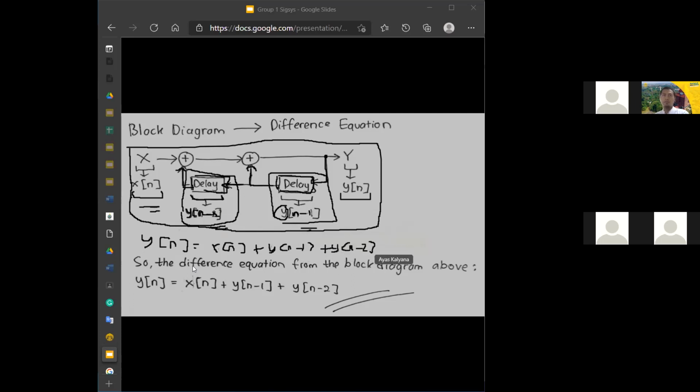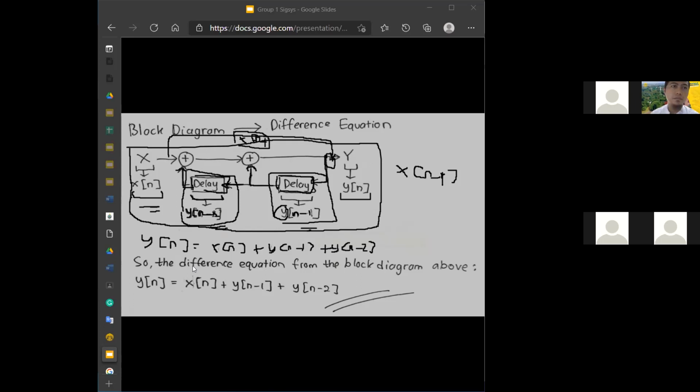And for example, if the delay is like this, x[n-1], it will flow from here through the end, like here. This is the delay for x[n-1]. And yeah, that's pretty much our topic, sir.